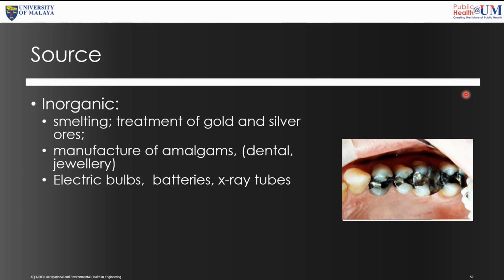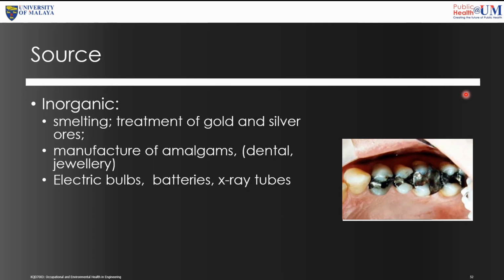So sometimes when you get a filling, you need to fill it again around 10 or 20 years later, because it cannot last so long. Previously, dental technicians used to form or mix this amalgam within the laboratory.